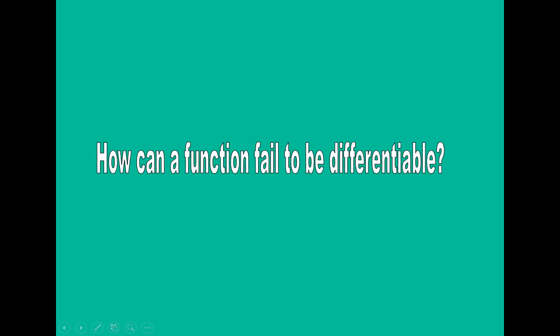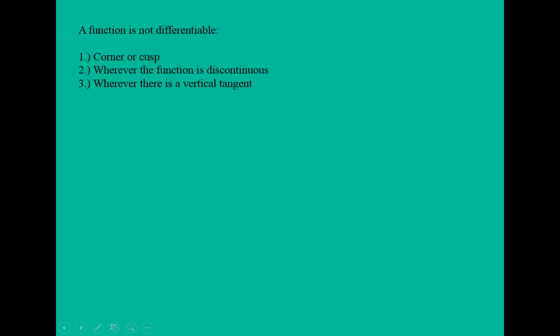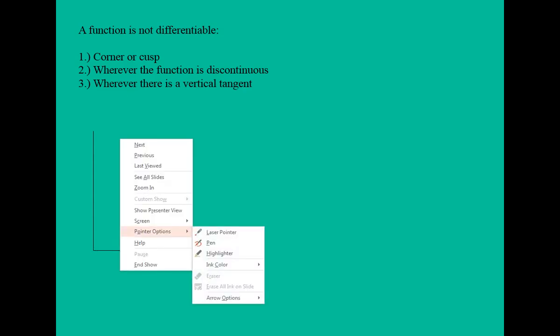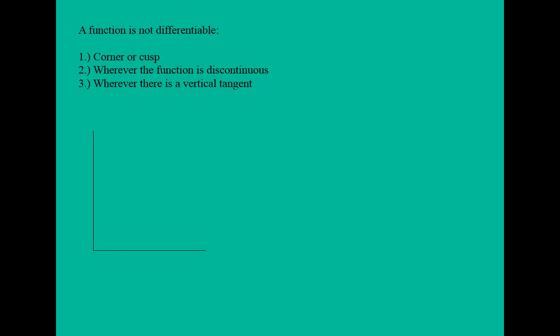How can a function fail to be differentiable? Well, let's look at 3 ways that a function may not be differentiable. First is if we have a corner or a cusp. We just saw a corner with the absolute value graph. So if we had something like this, it's not differentiable where that corner occurs.